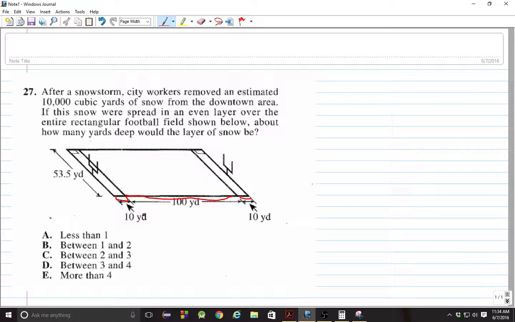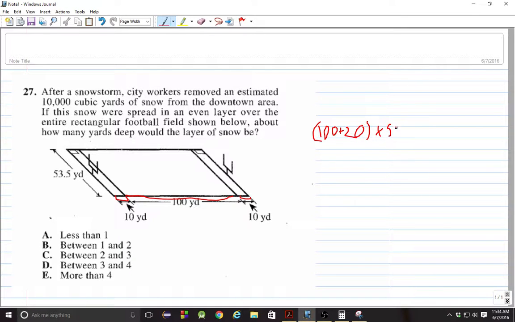So what we've got to do is multiply 100 plus 10 plus 10, which is 20, 100 plus 20, by 53.5.